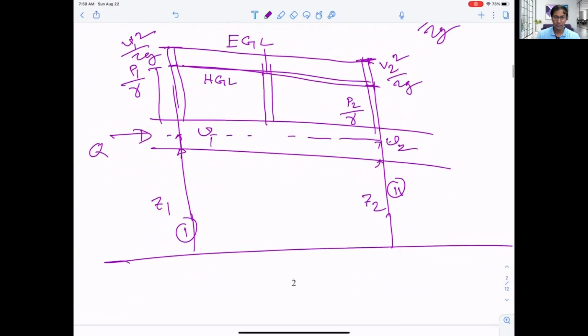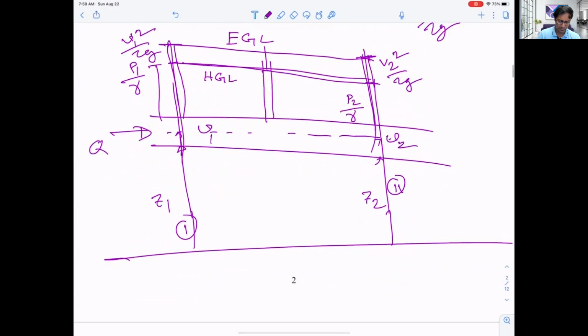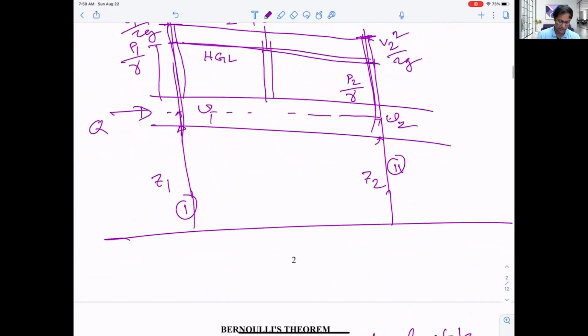So we're just applying the Bernoulli's principle in between these two sections, because at every section it will be constant, so we can easily apply this equation for these two sections. How can we apply that? So it will be like this one, Z1 plus P1 over gamma plus V1 squared over twice g is equal to Z2 plus P2 over gamma, because gamma is constant, the unit weight of water.